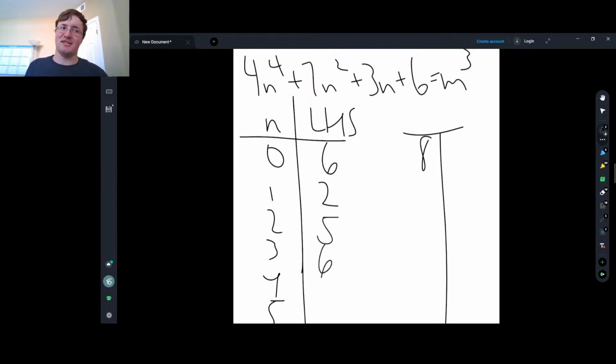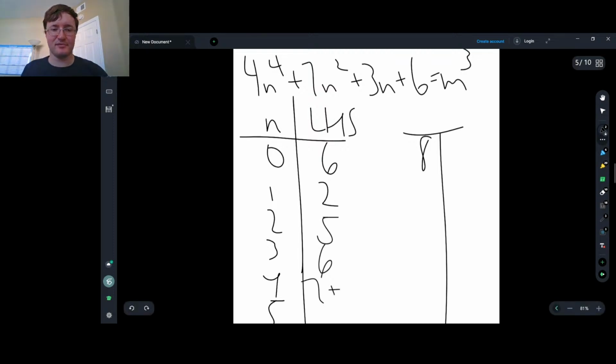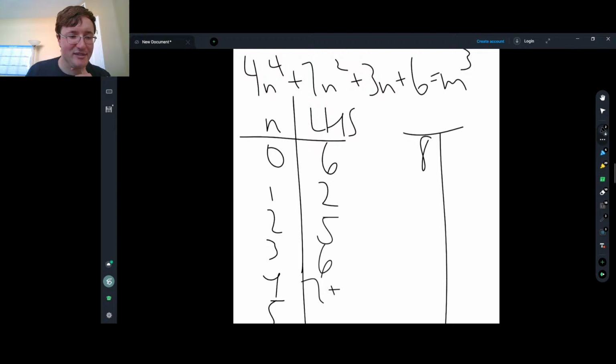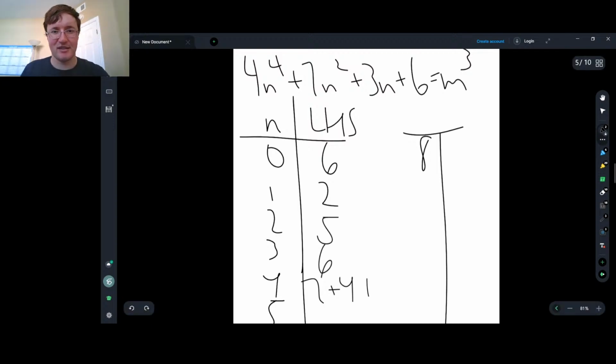To the 10th. That's a 7 mod 9. Okay, 7 mod 9 plus 7 times 4 squared, which is 7 times 7, which is 49, which is a 4. Plus 12, which is a 3, plus a 6. So that's 11 plus 9, so that's a 2. Okay. Yeah, I think this'll work.